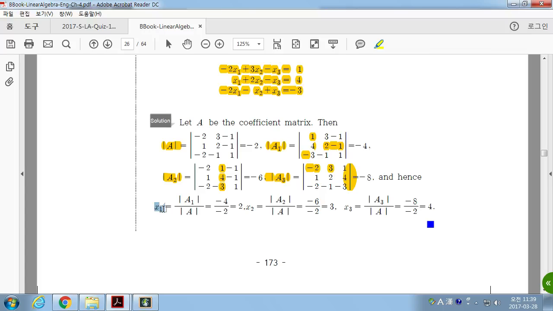Then X1 is the determinant of A1 over the determinant of A, and X2 is minus 6 over minus 2, and X3 is minus 8 over minus 2. That's it.